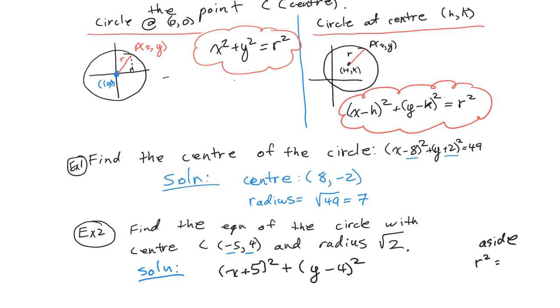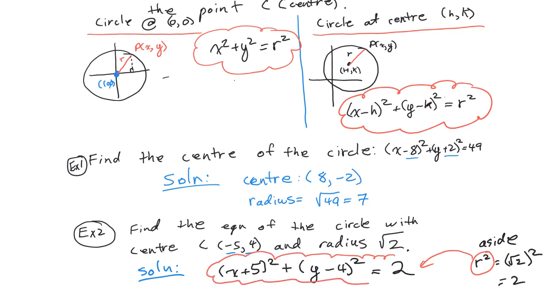Now, r is 2, and we're going to square it, and we end up with 4. So remember that r squared is what's at the end of the equation, and this is our final solution for our circle.